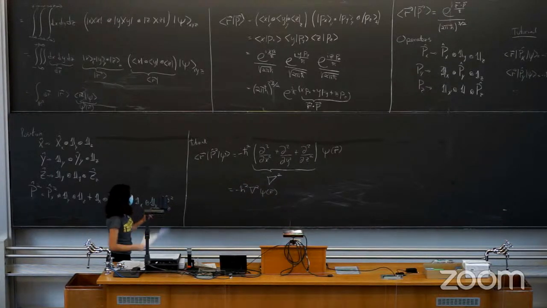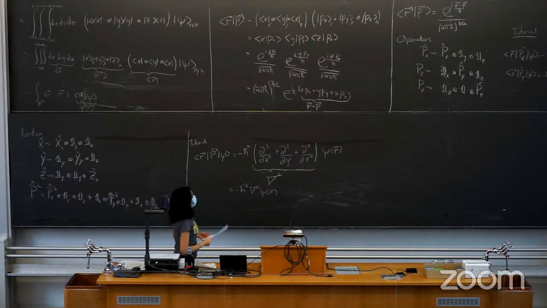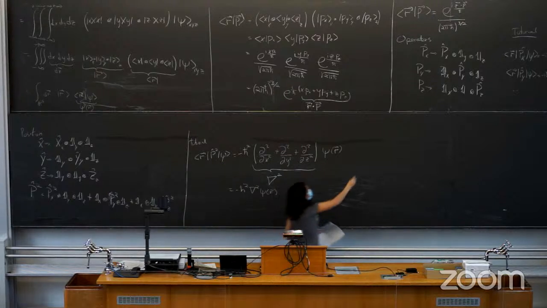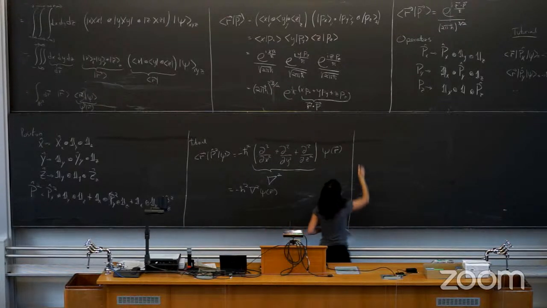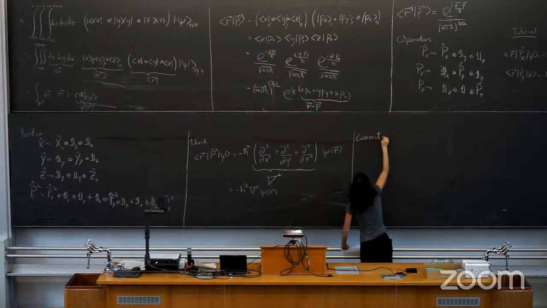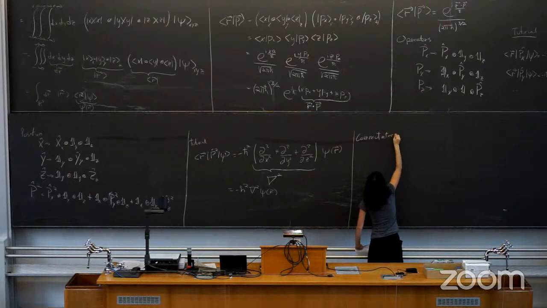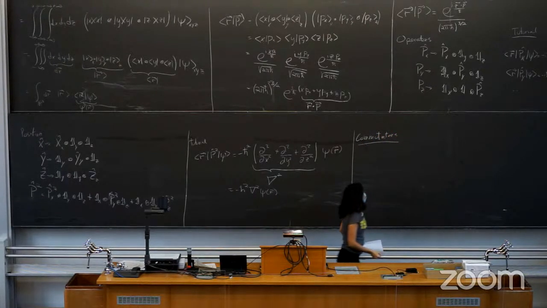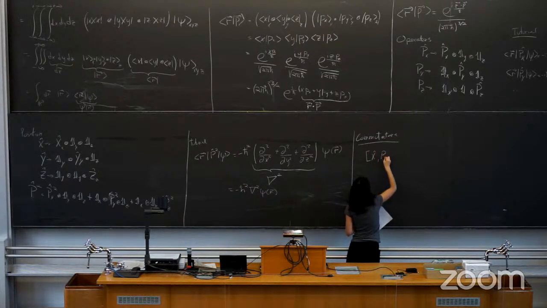And how do the commutators work? You also do it in a tutorial because it's very simple, but we can just sketch out how it works here. So let's look at some examples. For example, between x and px.